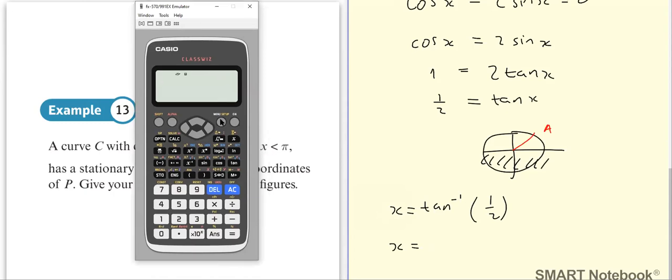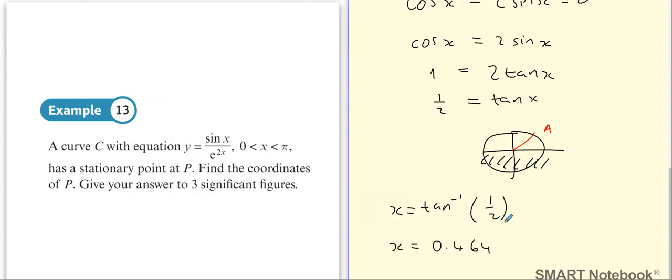So setup, shift menu, angle unit, radian, and then I can do shift tan of 0.5 and we get x equals, I think it's a 3SF 464. And we'll put a C for radians.